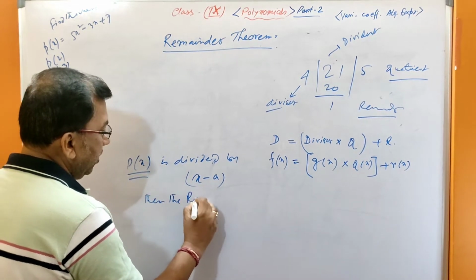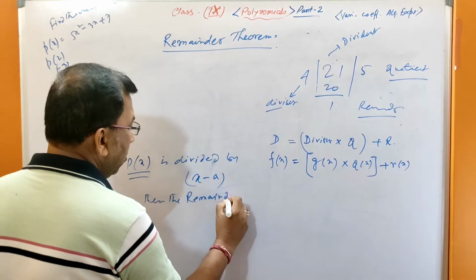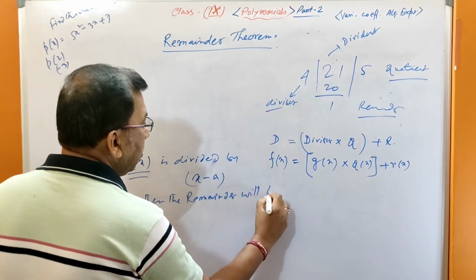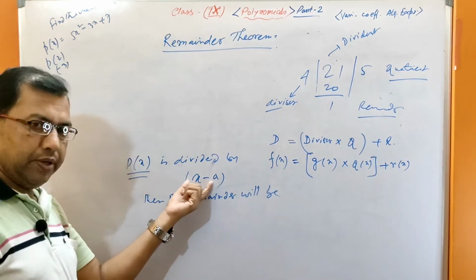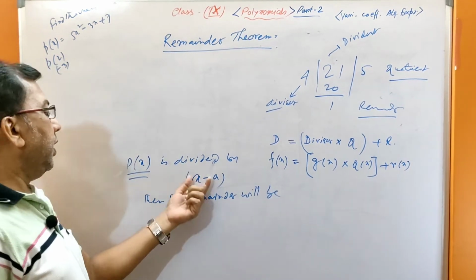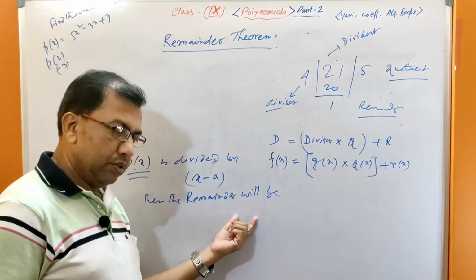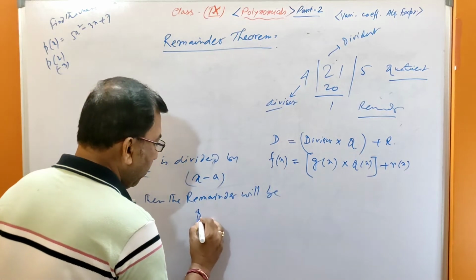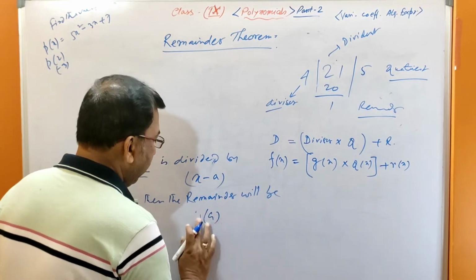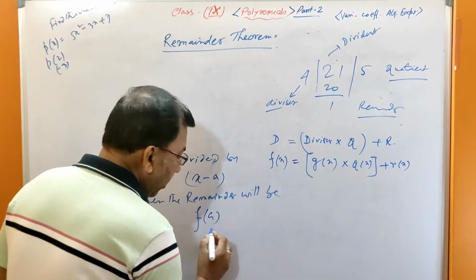The remainder will be pa. The remainder will be fa.